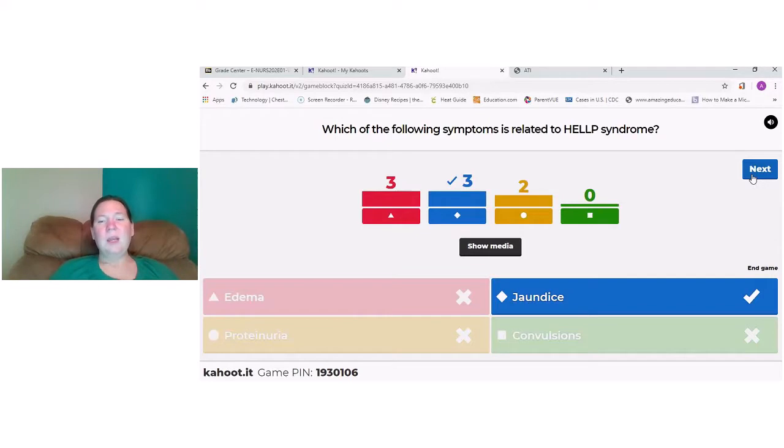So edema and protein in the urine are not related to HELLP syndrome, they're related to preeclampsia. Now, might they have these symptoms if they have HELLP? Yes, but the HELLP is not what's causing it, it's the preeclampsia. Convulsions is related to your eclampsia. So jaundice, because of the mass hemolysis they're having, is going to cause that jaundice.